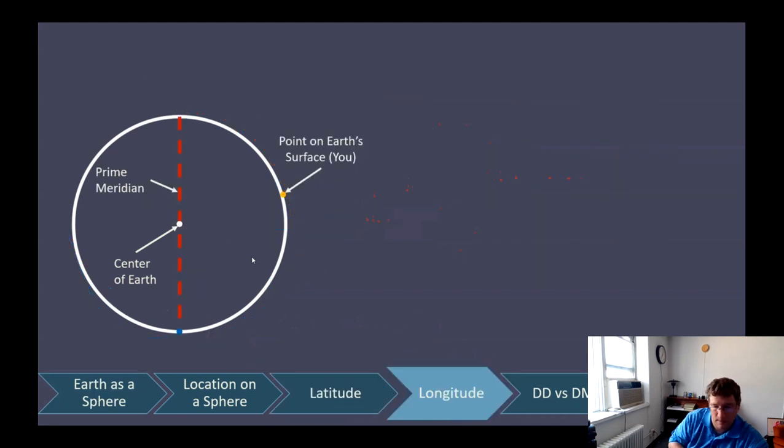And so we can do much the same thing as we did here, but we can break it up this way, where we take the Earth, cut it in half, and then we have a line running north-south that splits the circle into an east half and a west half. Again, we call this line the prime meridian.